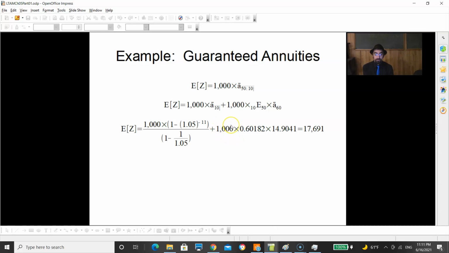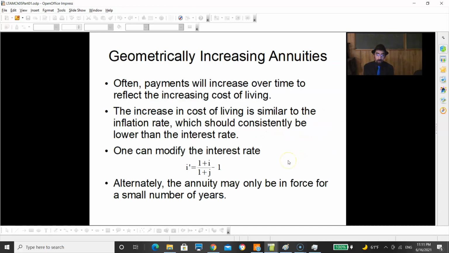And for everything after those 10 years, we can just crunch the numbers normally, looking them up from the table. So we crunch all our numbers, arithmetic happens, and we get 17,691.